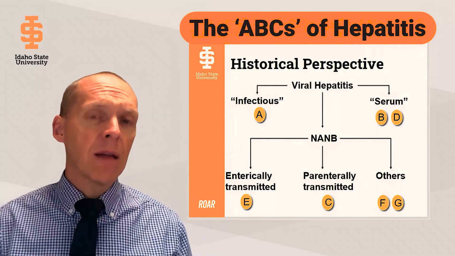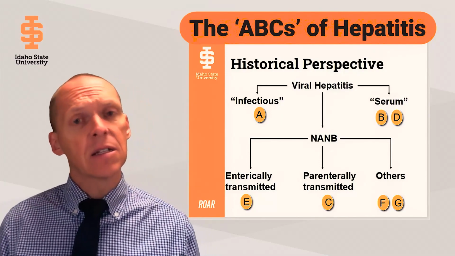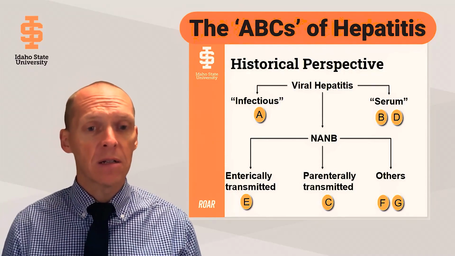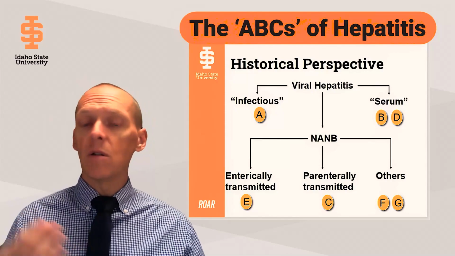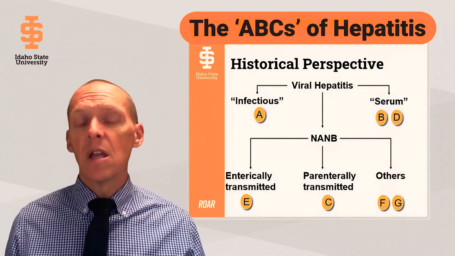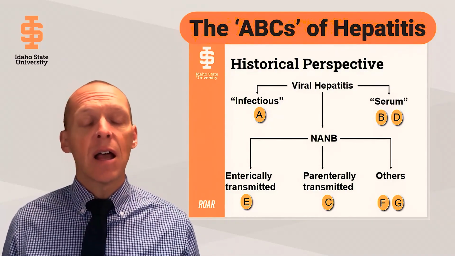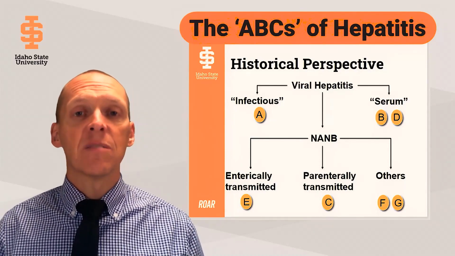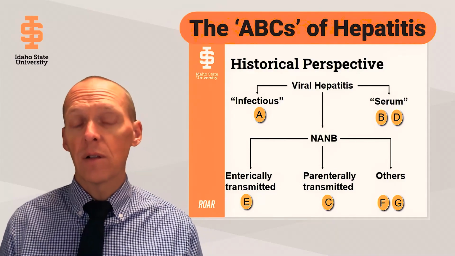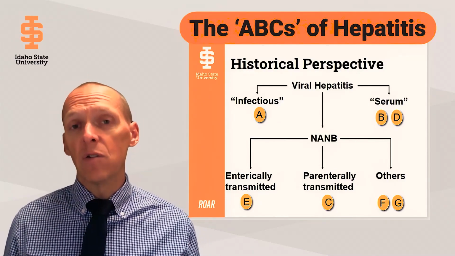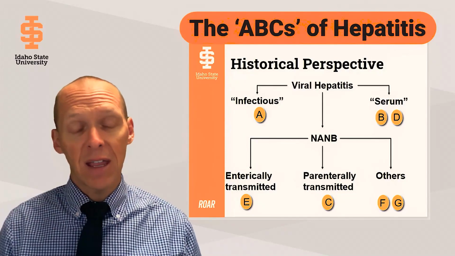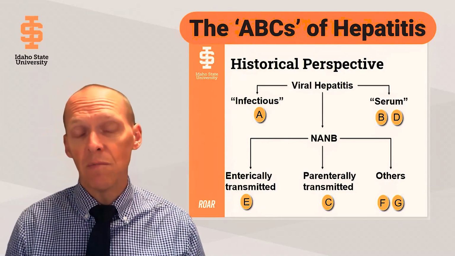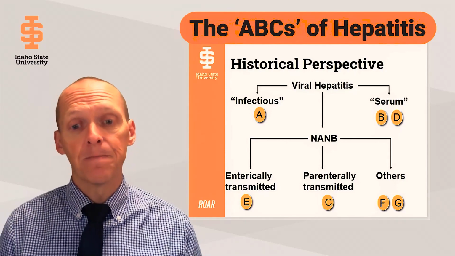And then for a long time through the 70s and 80s, there was what was referred to as non-A, non-B hepatitis. We knew it wasn't hepatitis A, we knew it wasn't hepatitis B, but we didn't know what it was. It was eventually identified primarily in the U.S. as hepatitis C, and it was identified as being transmitted primarily parenterally, also through blood transfusions several decades ago, and that was a major mode of transmission before the blood supply was being screened.